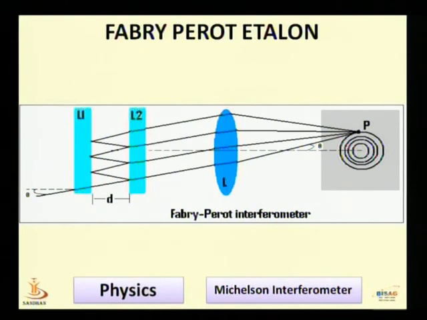Now, to improve the efficiency of this interference, another interferometer, which is also known as an etalon, is the Fabry-Perot etalon.